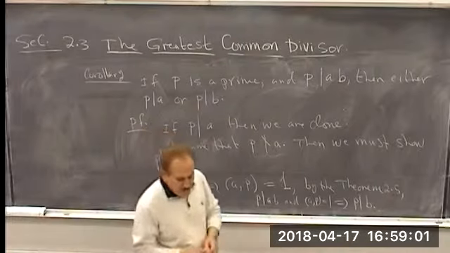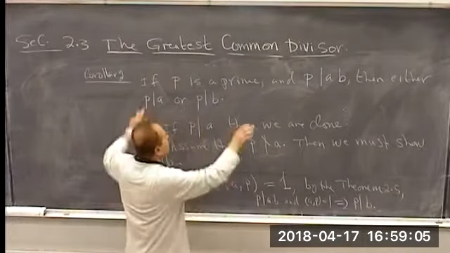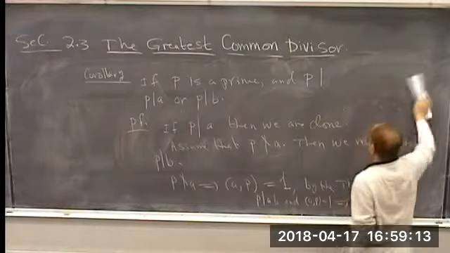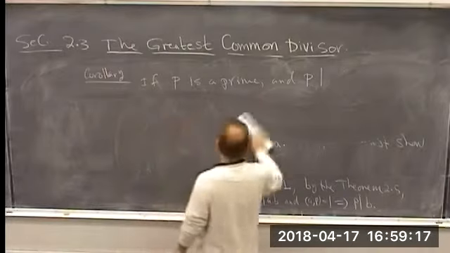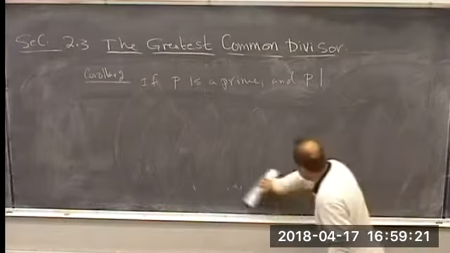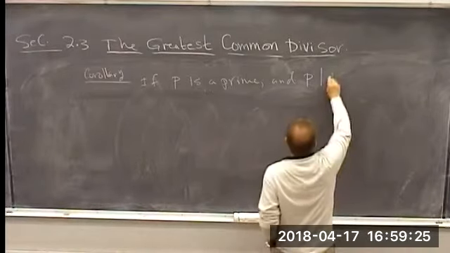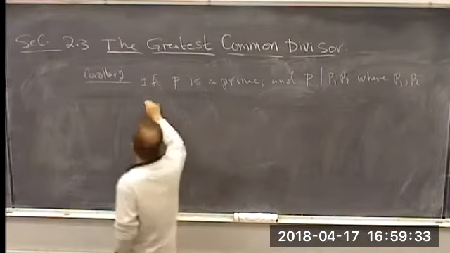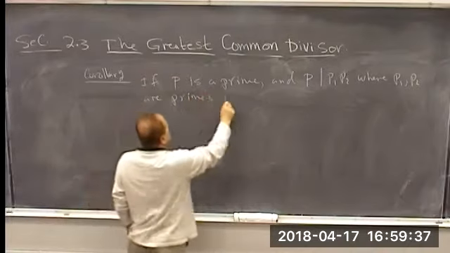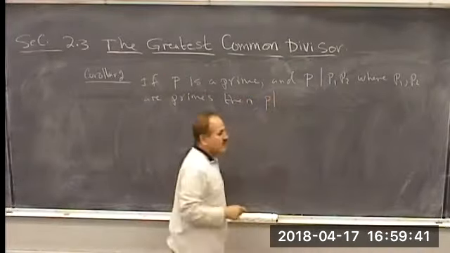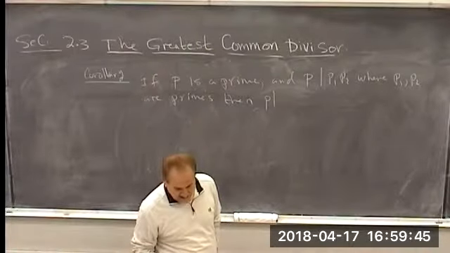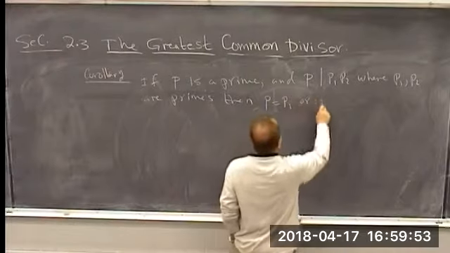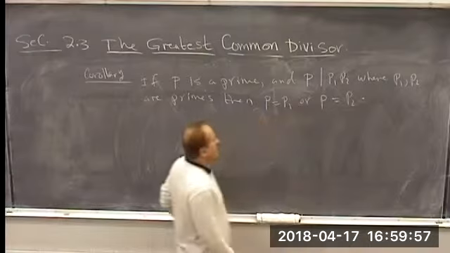Another corollary: if P is a prime and also divides a product of two primes, P1, P2, where P1 and P2 are primes, then P must equal P1 or P must equal P2.